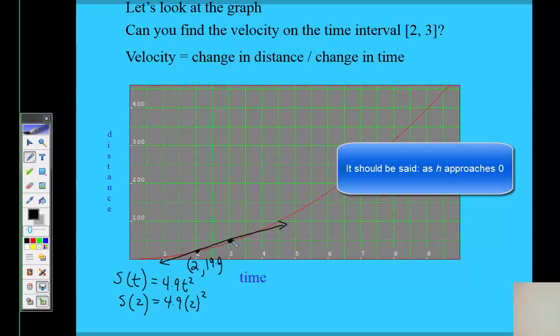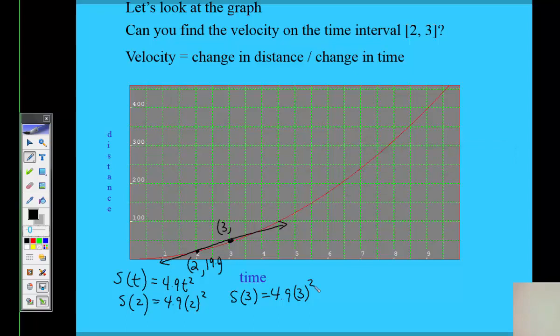Now to find when x equals, or t equals 3, we could do the same thing. We could plug the value of 3 in and do our calculation here. So that's how we would calculate the slope of that secant line.